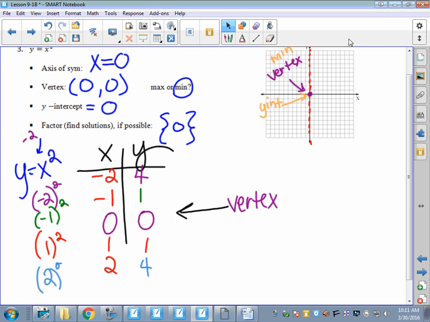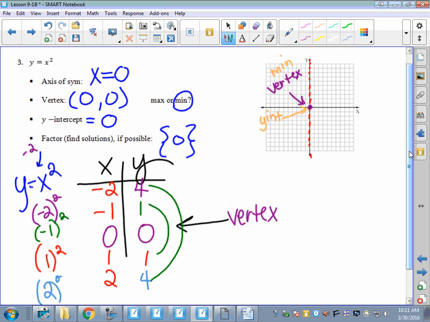Even in our xy table, do you see the symmetry that goes around the vertex? I've got those matching points if I count equal on each side. So let's get these extra points on here. Let's finish up this parabola. So -2, +4 is my first point. -1, 1, +1, 1, +2, 4.